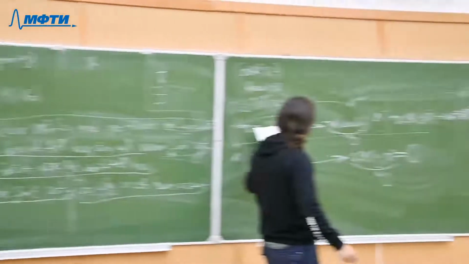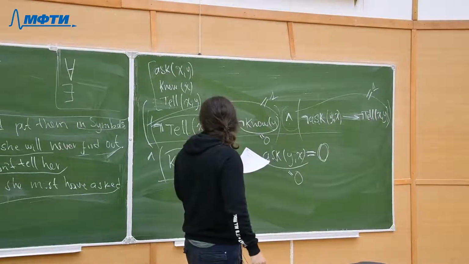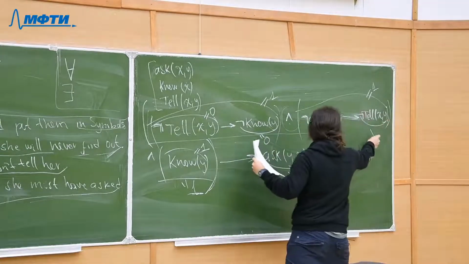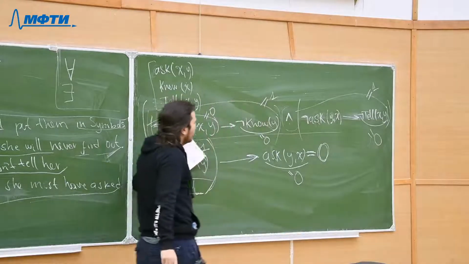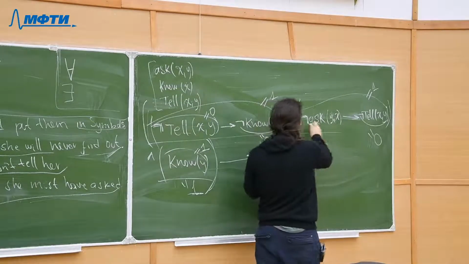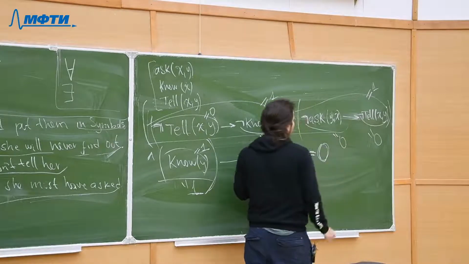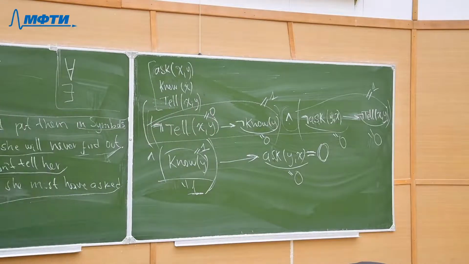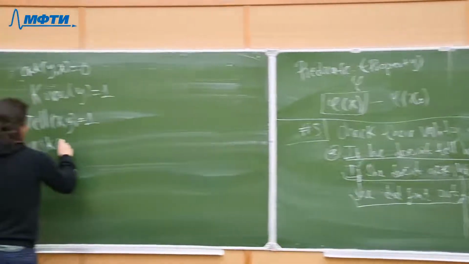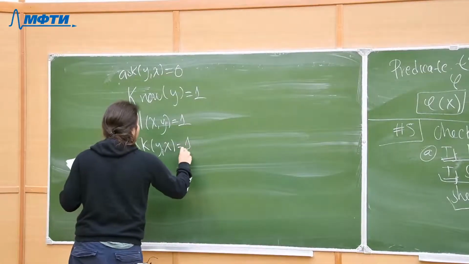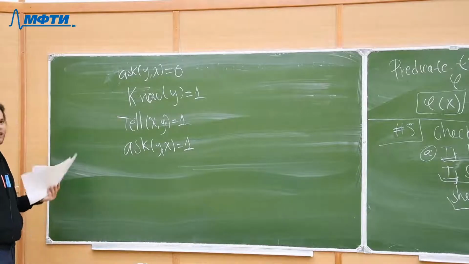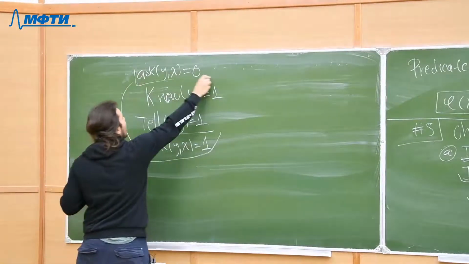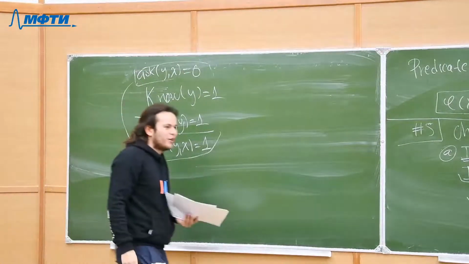So he tells her, she knows, and here this is 0 from here, and so this has to be 0 again, right? So she asked, and we got the contradiction, okay? So somehow she asked, but she did not ask.